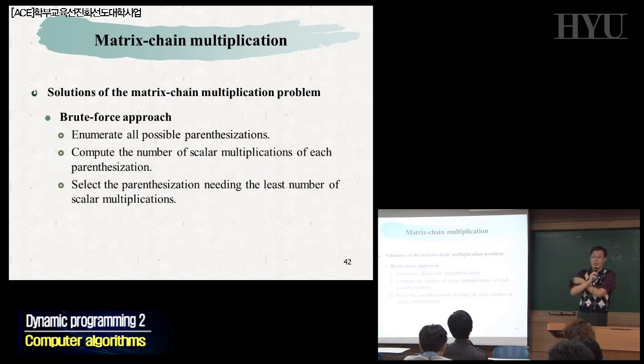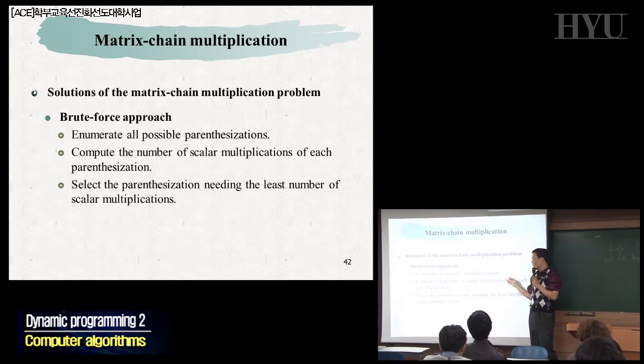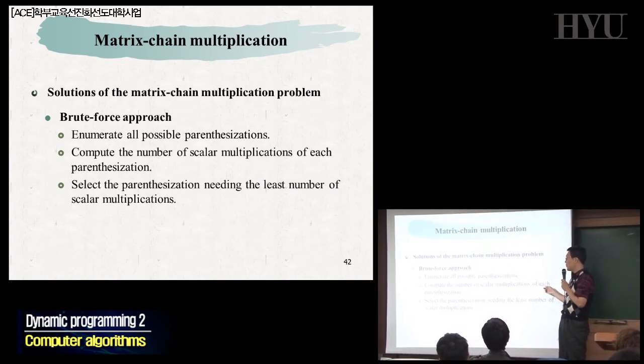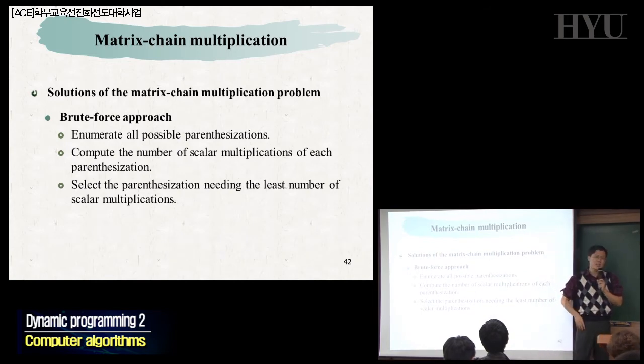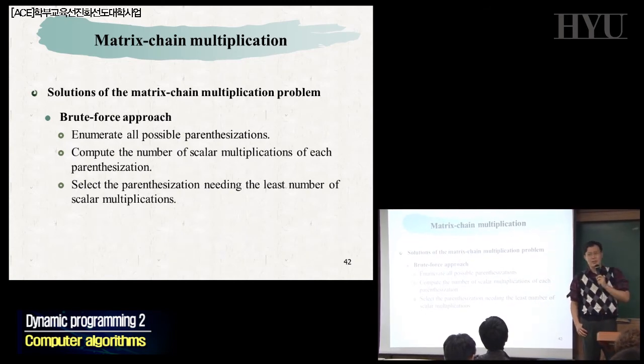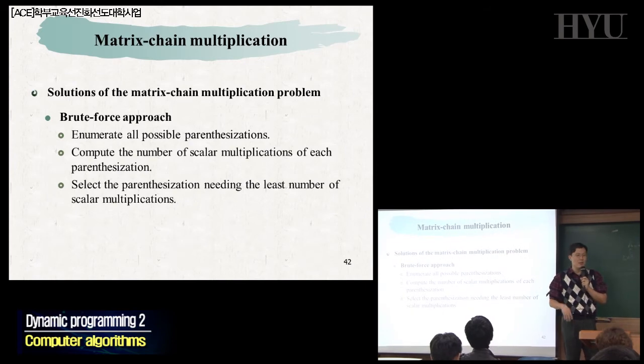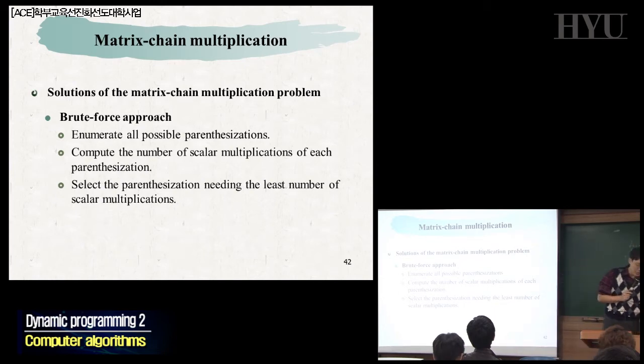Especially the first one. Yes, it's true, but in this case, it's for each. So enumerating all possible parenthesizations takes a lot of time. It depends on the number of possible parenthesizations.